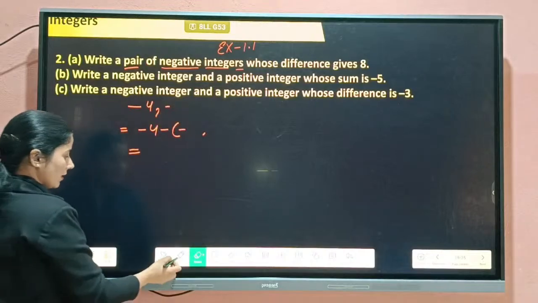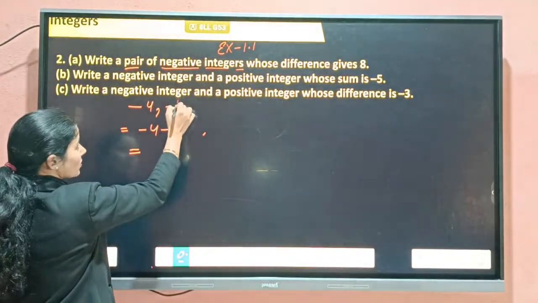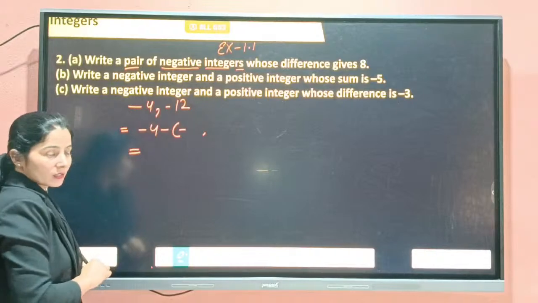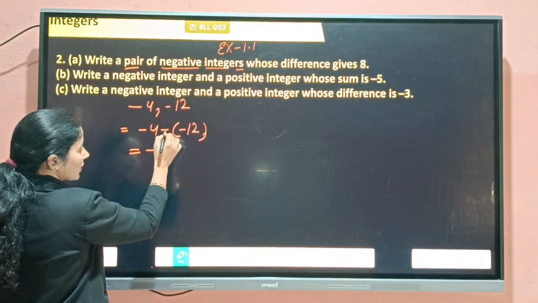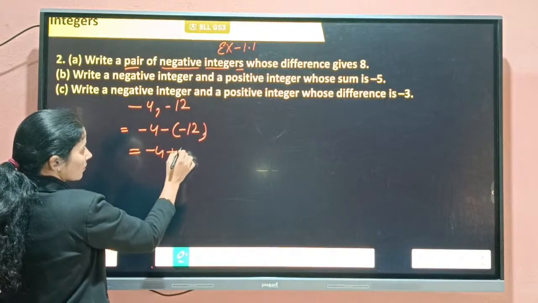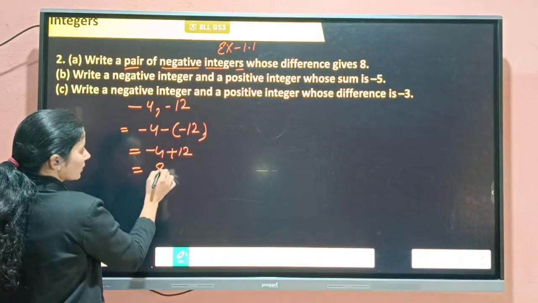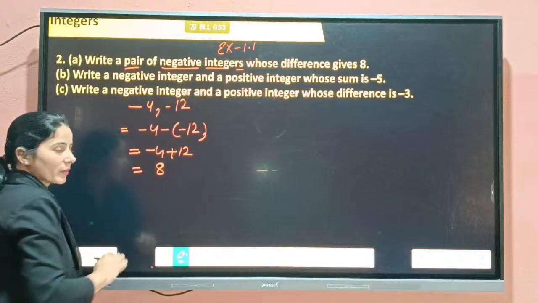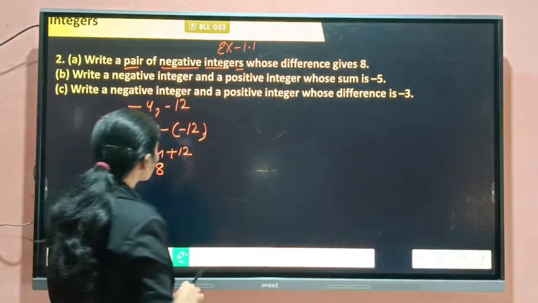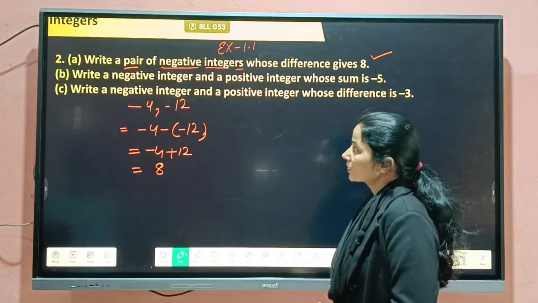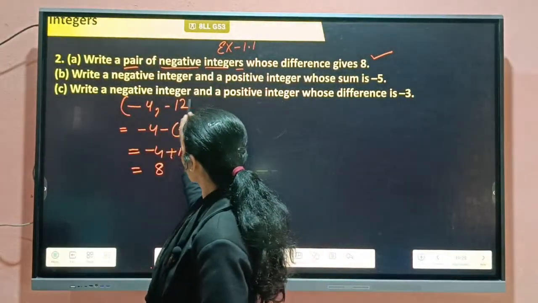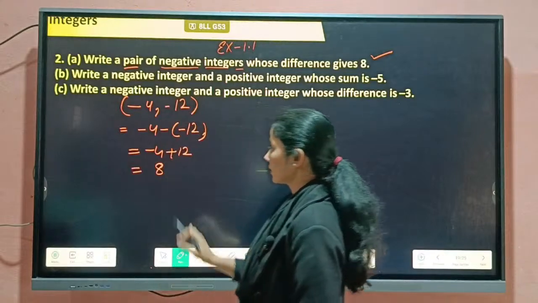Minus 4 and minus 12, you can write 12 there. Minus 4 as it is, minus minus 12, which is plus 12. The answer is 8. So minus 4 and minus 12 is one such pair whose difference is 8. Many more pairs will exist whose difference is 8.